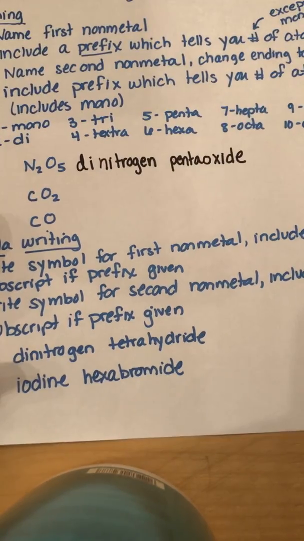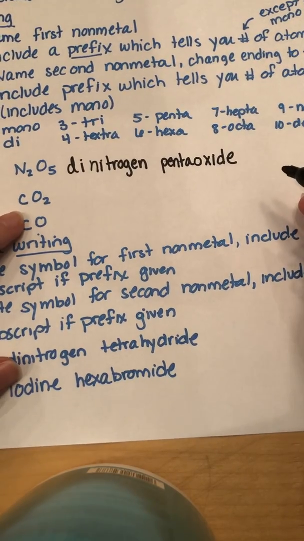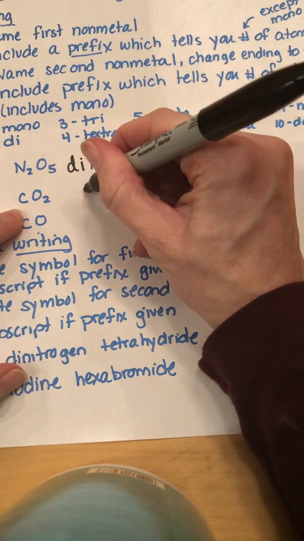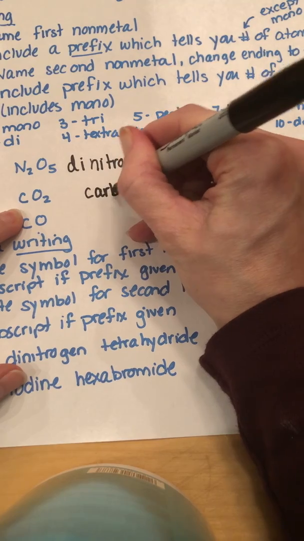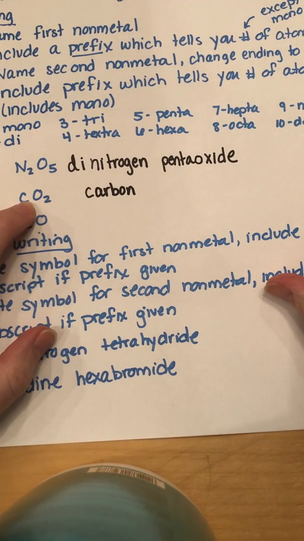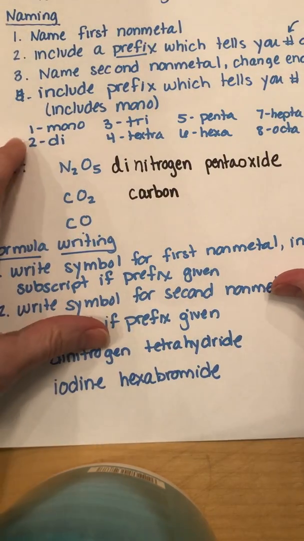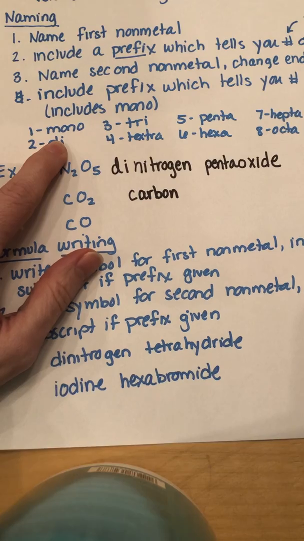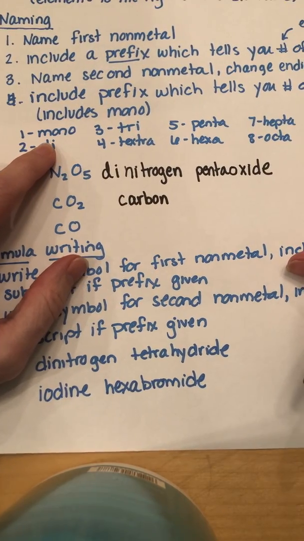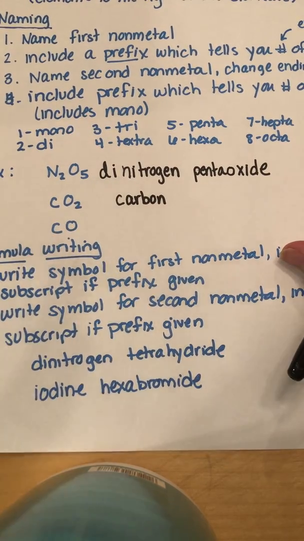All right, so our next example, CO2. Again, we're going to name our first nonmetal, which is carbon. I need to use a prefix to identify how many atoms are in carbon. Since there's no number next to it, I assume it's 1. 1 is mono. Now here's the one exception with covalence. If your very first element only has 1 of it, you don't use mono.